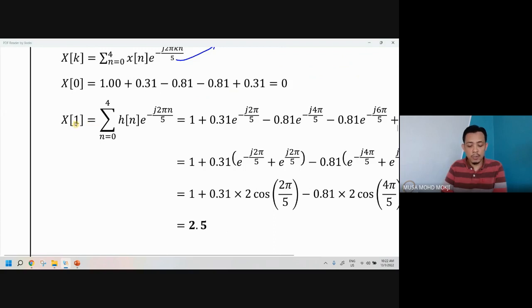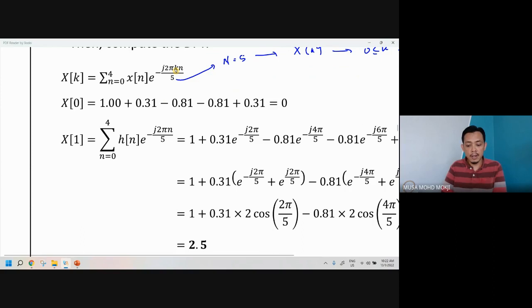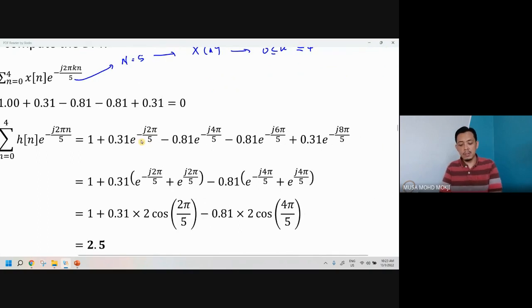This is k equals to 1 now. So we have this k. Now k is equal to 1, so everything becomes minus j2 pi n over 5. Expand this thing, and this is what you will get: 1 plus 0.31 e to the minus j2 pi over 5, and the rest.